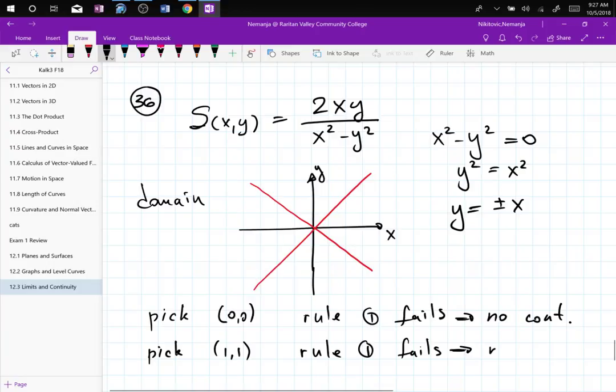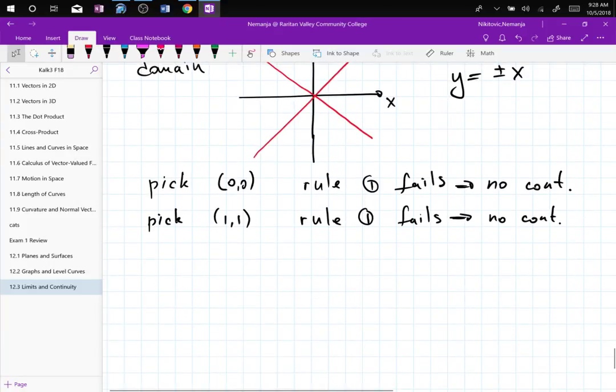So immediately, again, no continuity. So picking any point along the lines that you found out over there will immediately make continuity fail. Is this continuous? No, it's not continuous. Great.